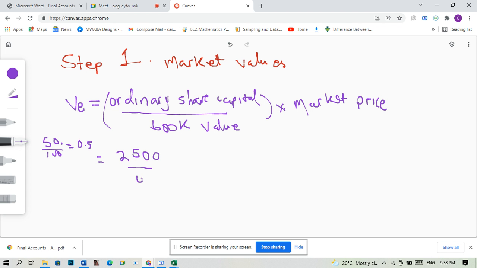So our book value is 0.5 kwacha. Okay, then we're going to multiply it by the market price of the ordinary shares, which is 130 ngwe. So 130 ngwe also, you're going to divide it by 100 to get it in kwacha. So say 130 divided by 100, I'm going to get 1.3. Okay, so say times 1.3.